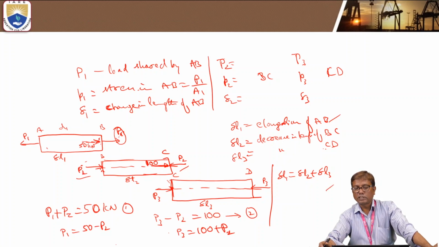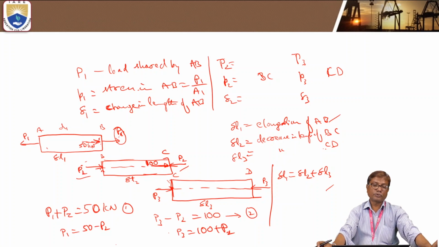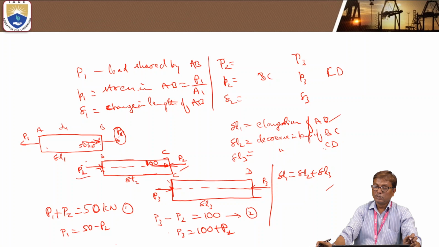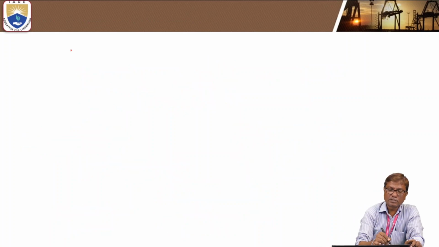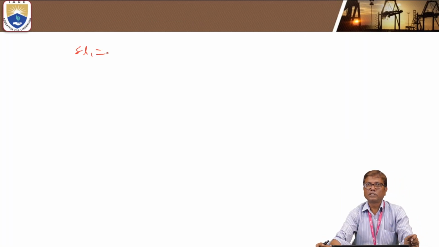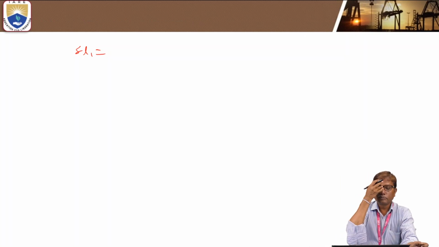So now what is delta L1? We can find now delta L1 in terms of P1. Delta L1, which is the elongation of member AB. What is the elongation of member?